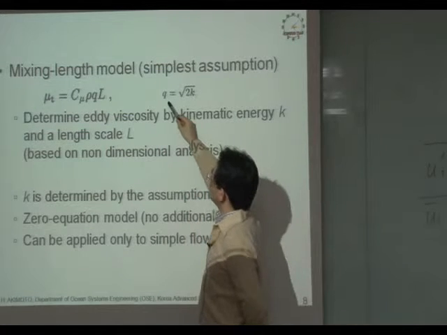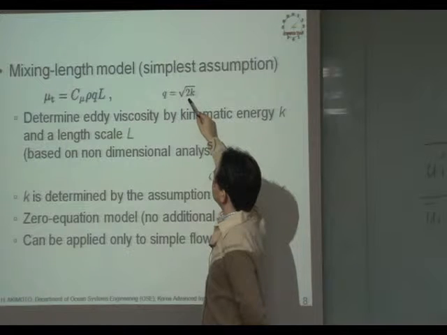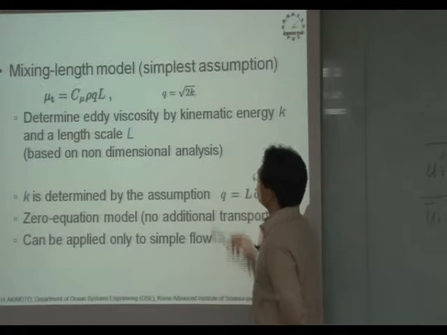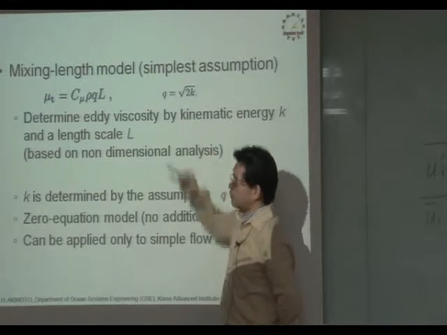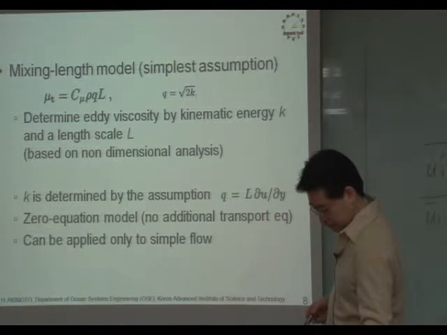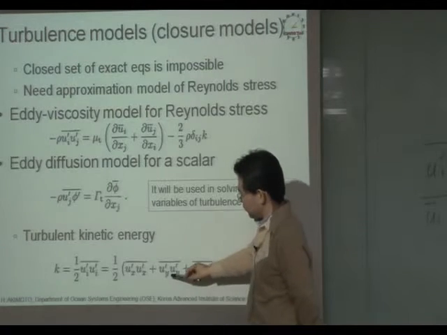The definition of Q is the square root of double K. So the dimension of Q is equal to the velocity, since the definition of K is this one.